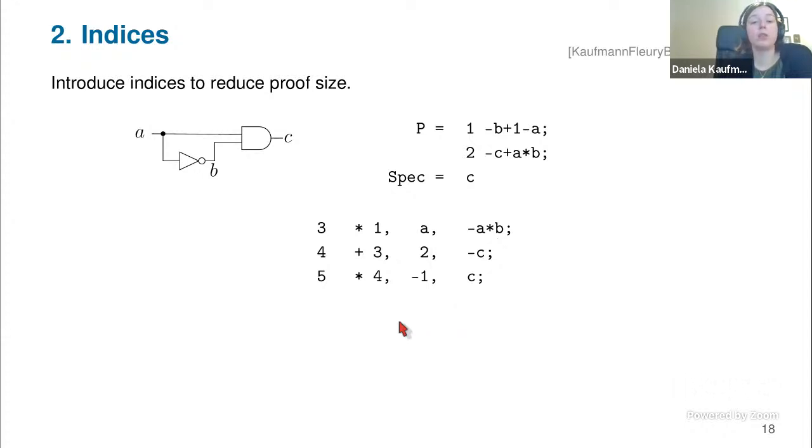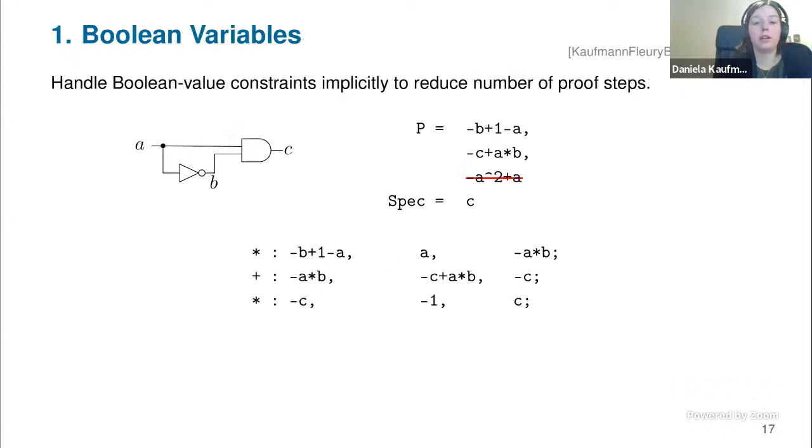And this, together with hiding the Boolean value constraints in the proof, gave us an order of magnitude shorter proof. And this also reduced the proof checking time, because quite a lot of the proof checking time actually comes from parsing the proofs.